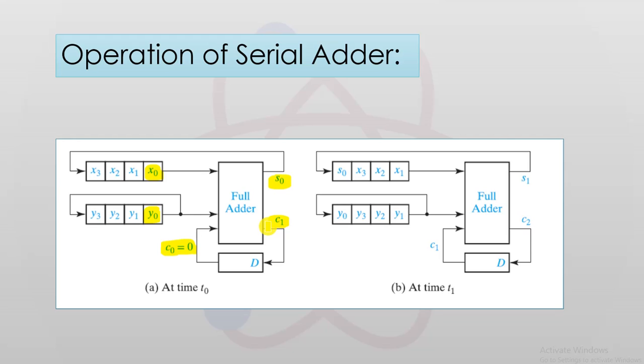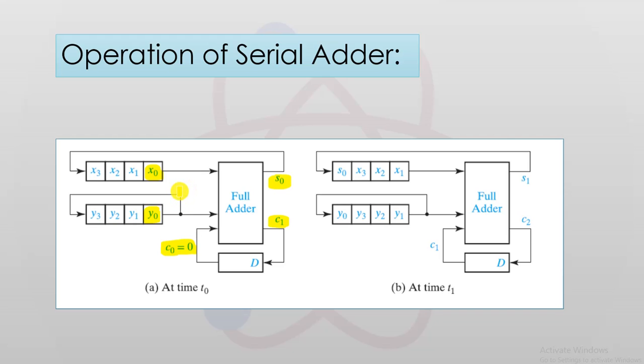When the first falling clock edge occurs, the sum S0 will be shifted into the accumulator and the remaining accumulator digits will be shifted one position to the right.